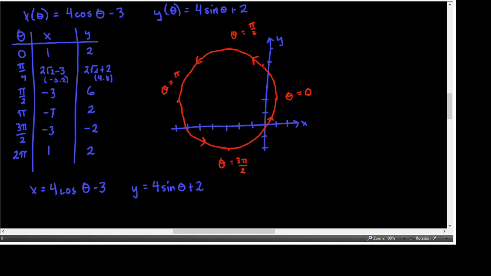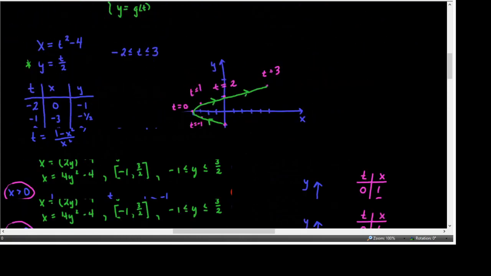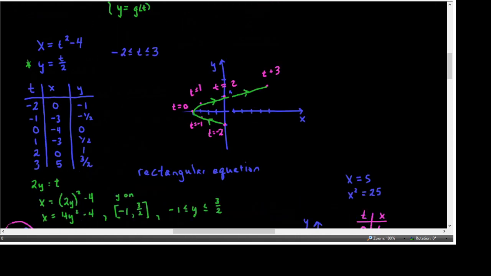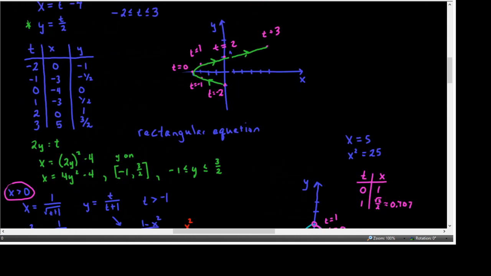Now, I will tell you this is different. Whenever trig functions are in your parametric equations, you will not be solving one of them for the parameter. You know, just a little while ago, that's what we did, we solved that equation, y equals t over 2, for t, and then substituted that into the other equation right here.